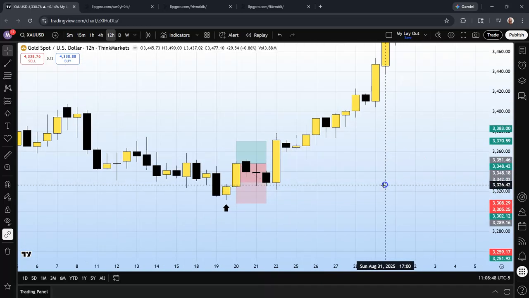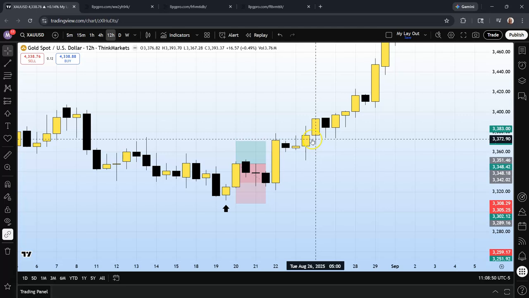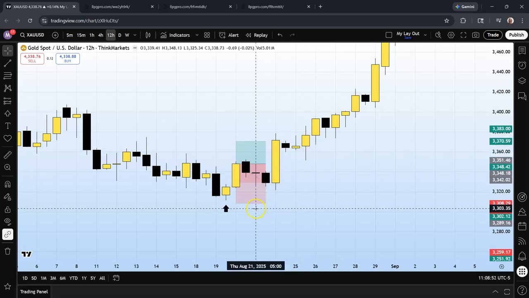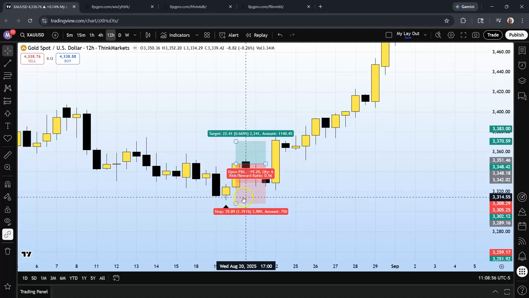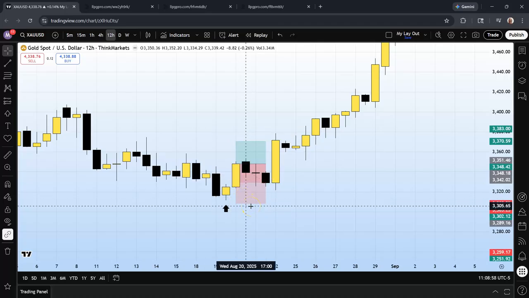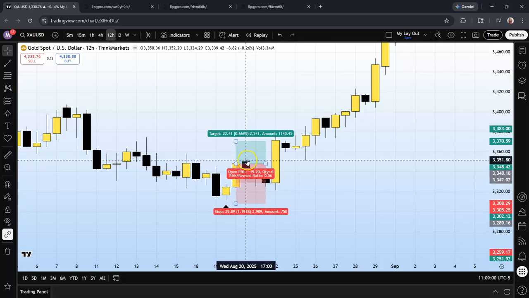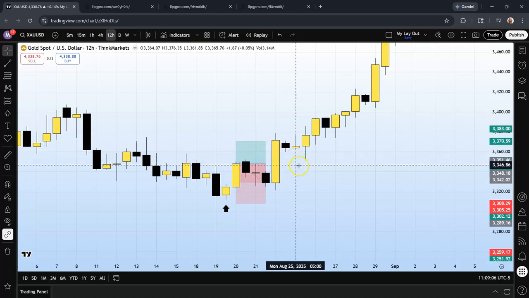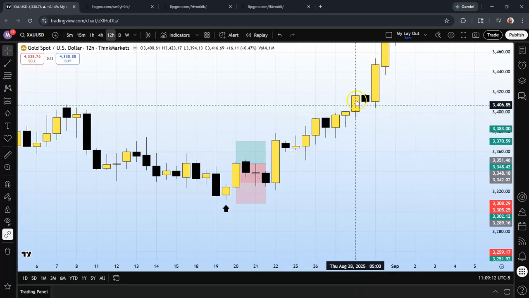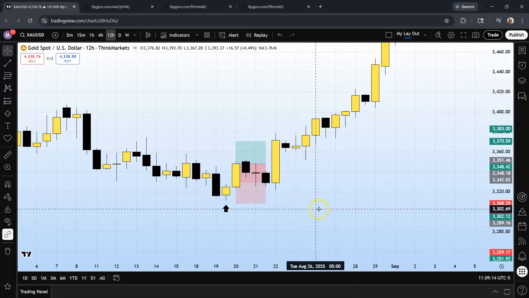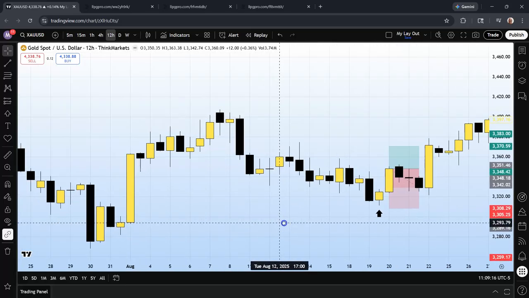Okay, if you had put in 2 trades, close out the first trade so you have money in the bag, then reduce your risk by putting the second trade, moving the stop loss to break even, which means you wouldn't have made any money if the trade went against you. But if you rolled it out, you would have collected all these pips here with a winnable trade there as well. So hopefully you guys are getting the gist of this trading strategy.